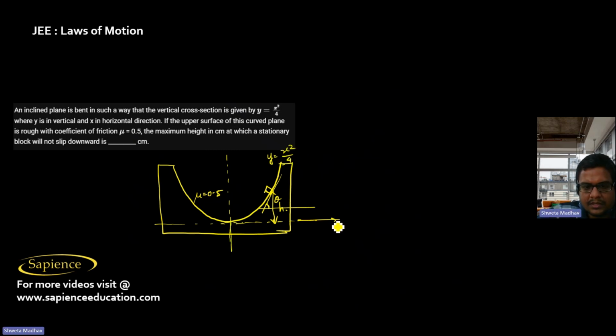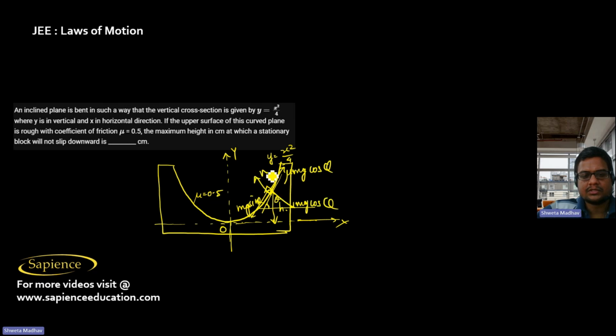Now this is x-axis, this is the y-axis. So this is the origin. Now this height we have to find out. So y equal to x square by 4. If this is theta, then this way it will be mg sine theta. And this way it will be mu mg cos theta, since here mg cos theta is acting, and here there is normal reaction.